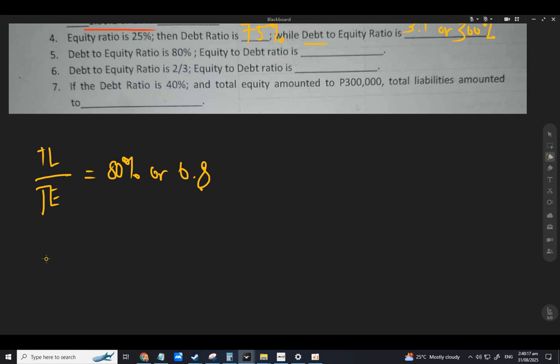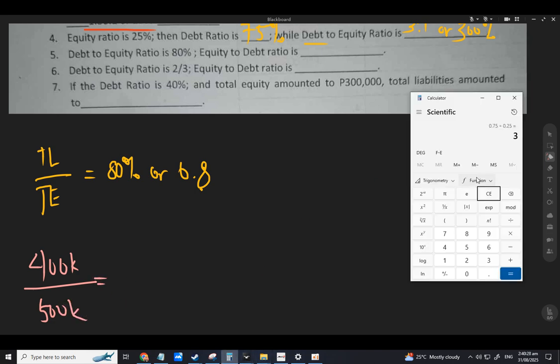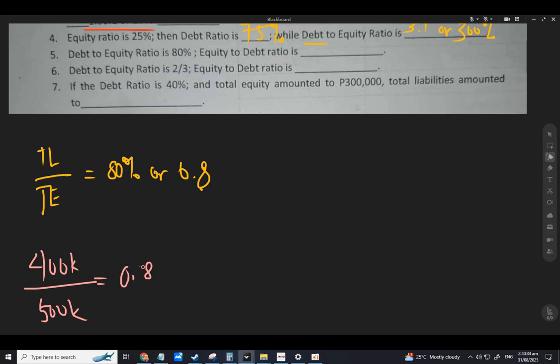Sample lang. Total liabilities natin will be 400K. Total equity natin, that will be 500K. And alam ko magiging 0.8 yan. Divide mo ng 500,000. Yeah, 0.8, diba? Ito yung debt to equity ratio natin na 80%.